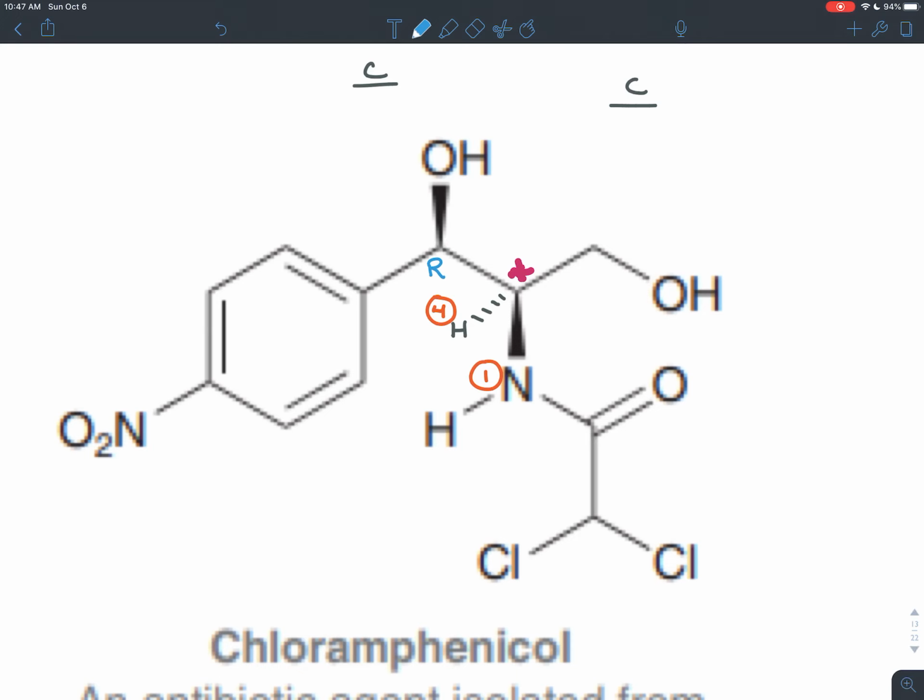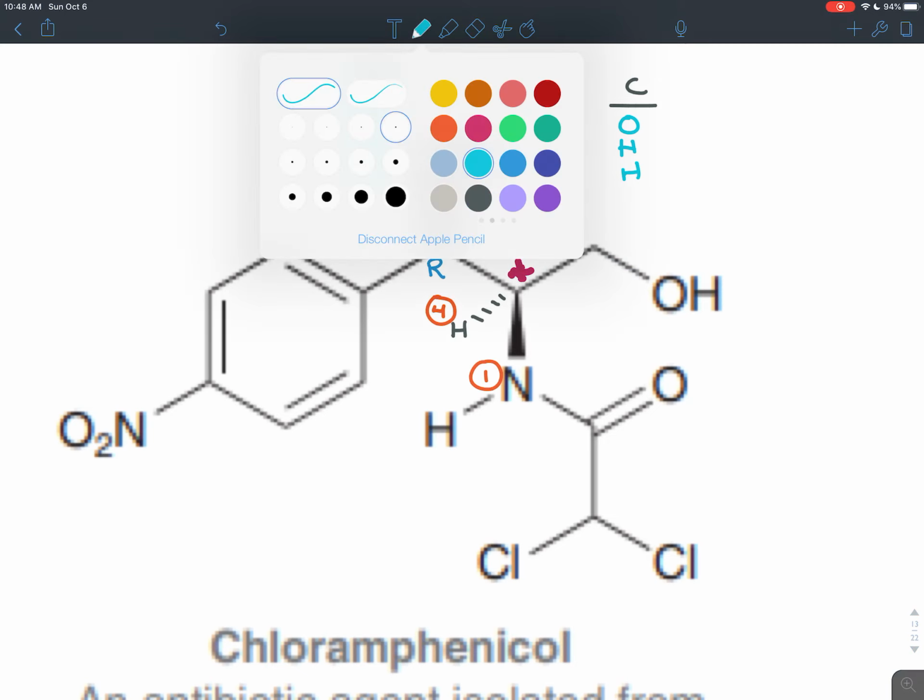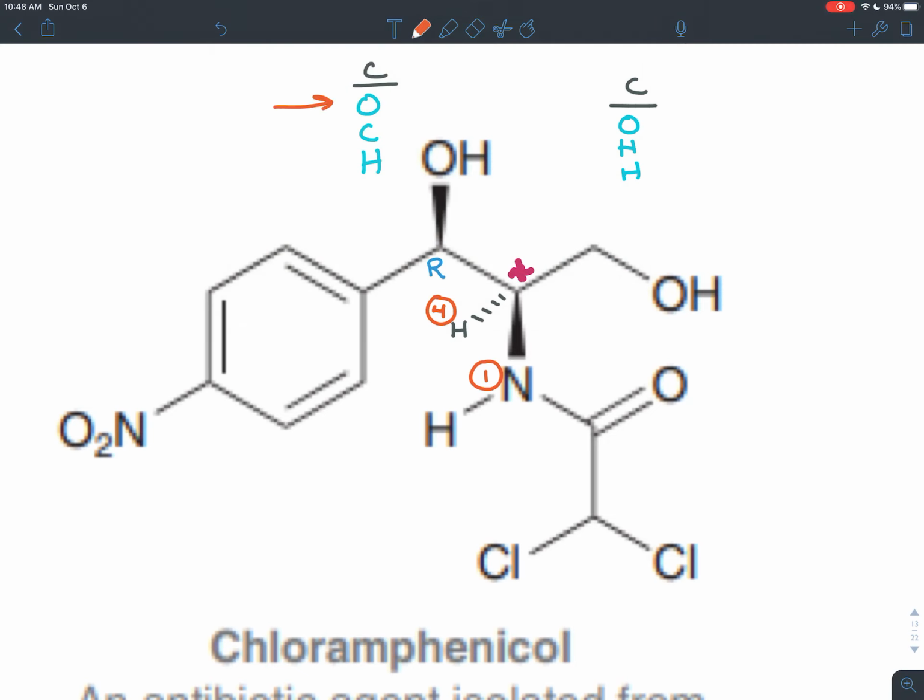Going away from the chiral center, the carbon on the left is bonded to an oxygen, a carbon, and an implied hydrogen. On the right, going away from the chiral center, it's bonded to an oxygen and 2 hydrogens. Now that we have the tables, we can compare them one row at a time.